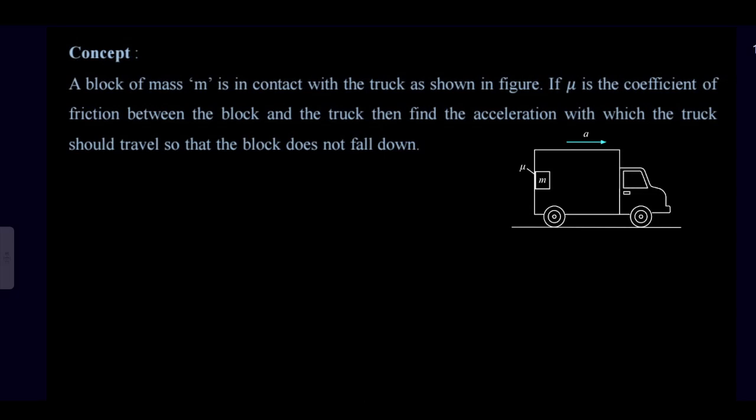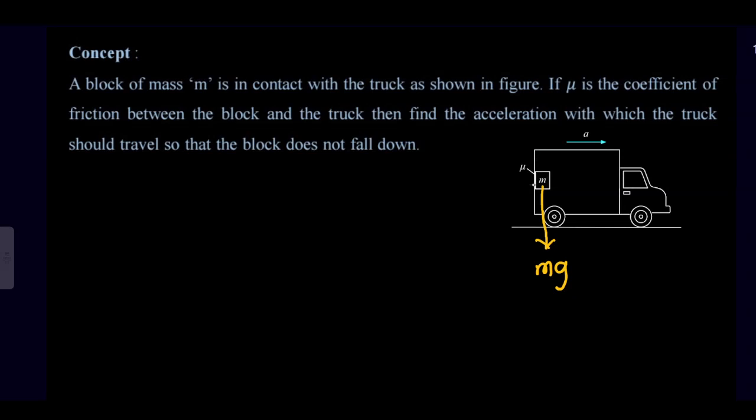Now let's see what forces are acting on the block first. Here, the first force is the weight of this block in the downward direction. And where is the normal force? Normal is at the contact. Where is the contact between them?